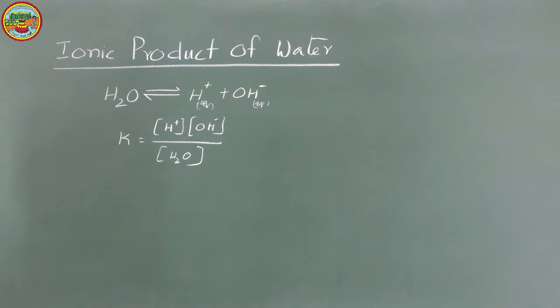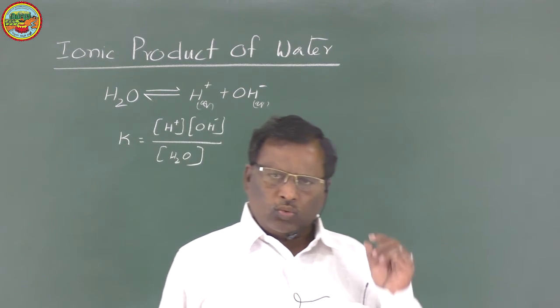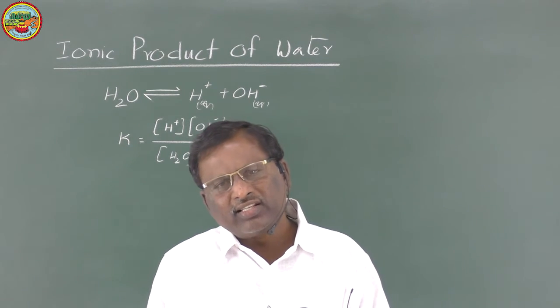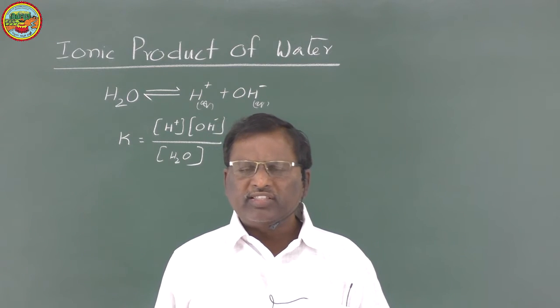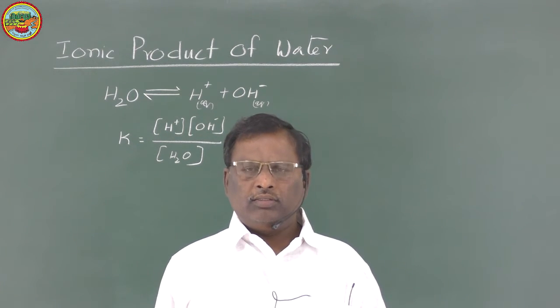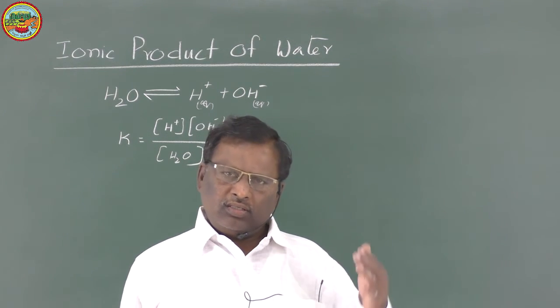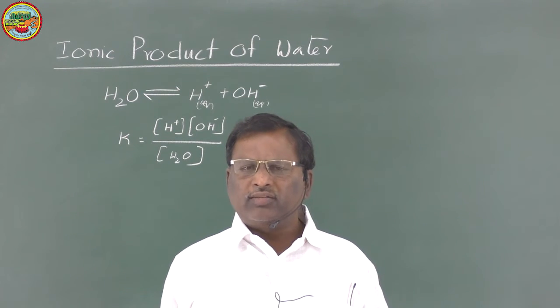Because anything represented in square brackets is considered its molar concentration. Molar concentration means the number of moles present in one liter. So irrespective of the number of ions, the H+ ions present in one liter are considered as its molar concentration.